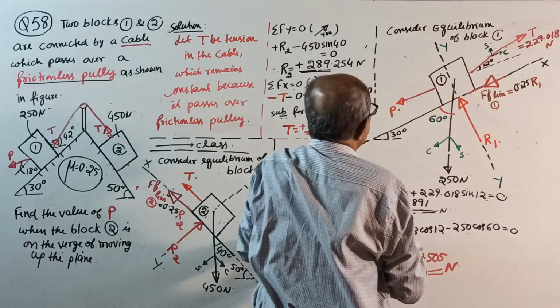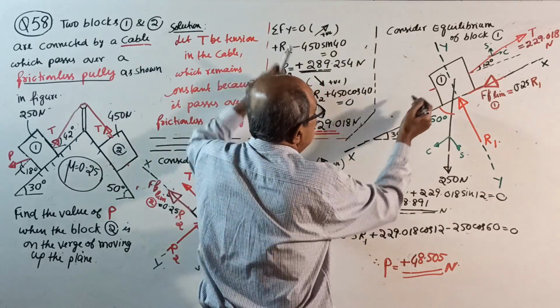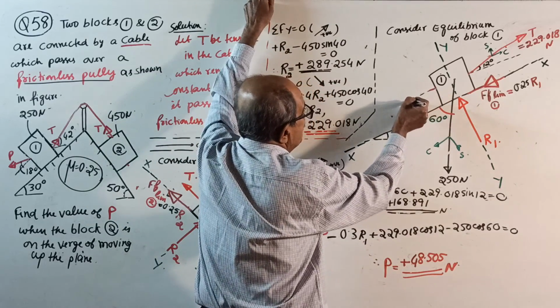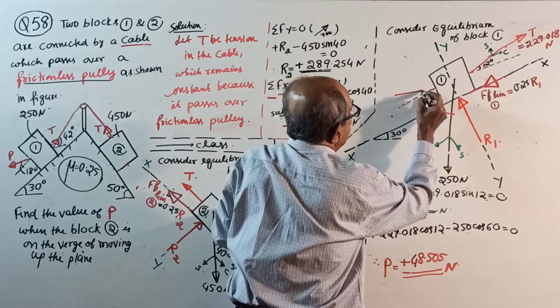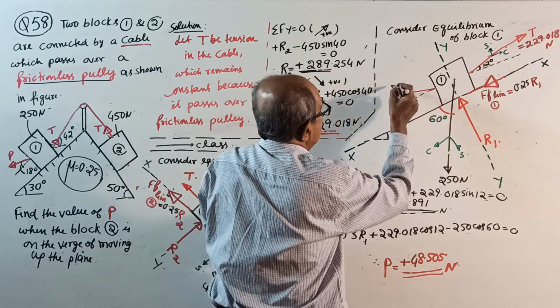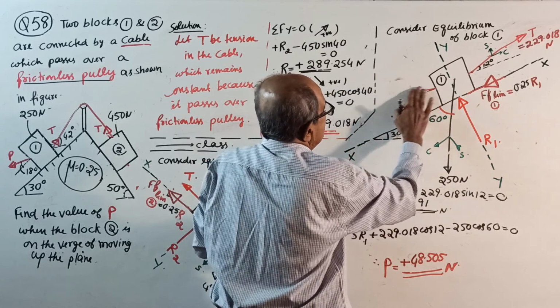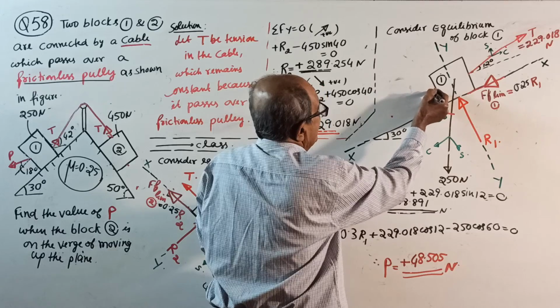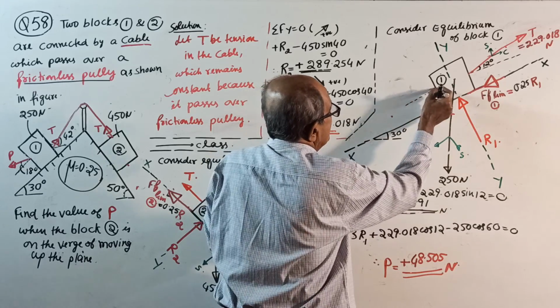And one more thing, the P will not be like this here. This P is now this way, a little bigger so that I can resolve it. This is the line parallel to the plane.